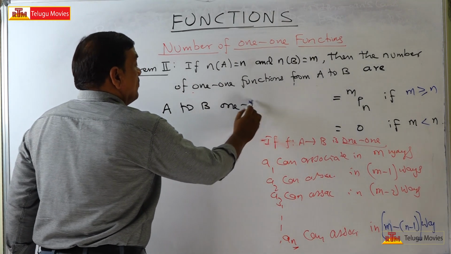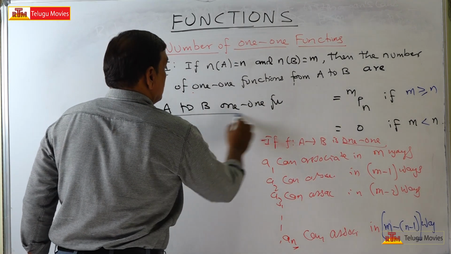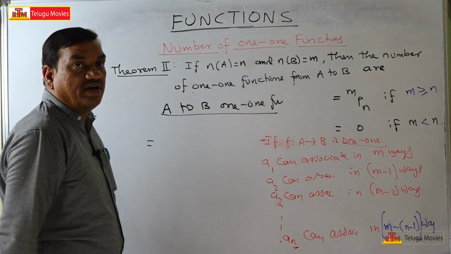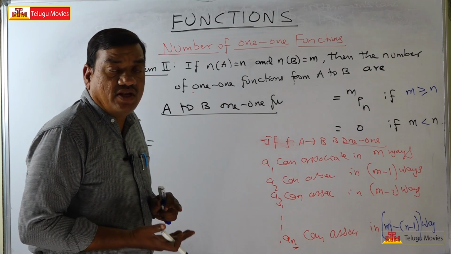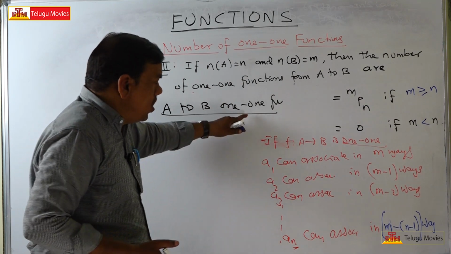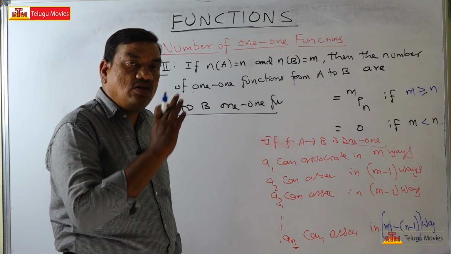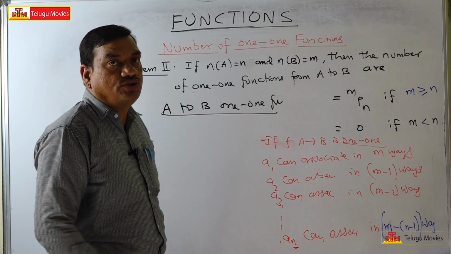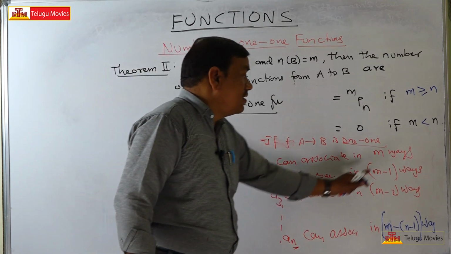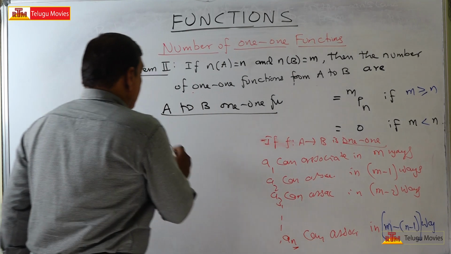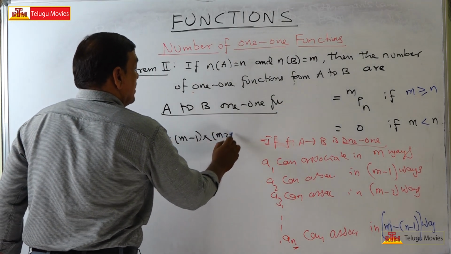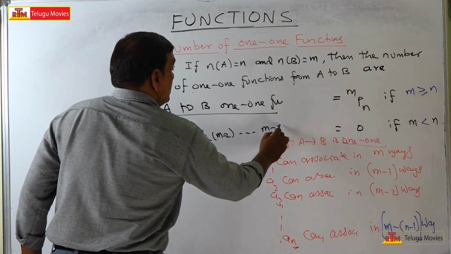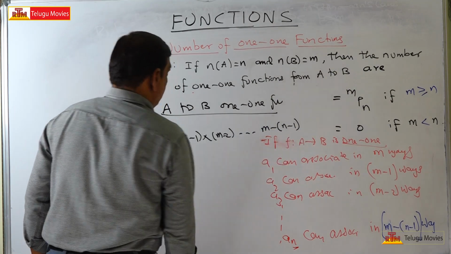The number of one-one functions: according to the fundamental principle of multiplication, to make A to B a one-one function, all these operations must happen. And means what? Multiplication. That is m into m minus 1 into m minus 2 into so on, m minus of n minus 1.